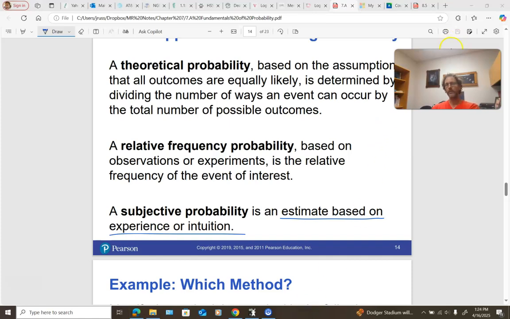We know we can roughly assign probabilities to certain events. And basically, if it's based on experience, it's in a way relative frequency, because we're thinking, well, I have an idea of how many times this occurred in the past, so that gives me an idea about what the probability might be.